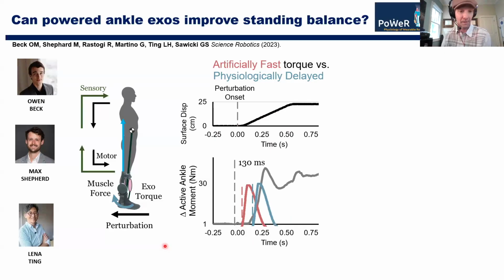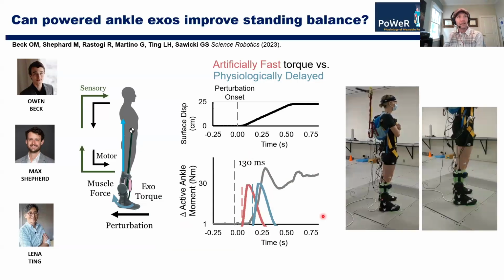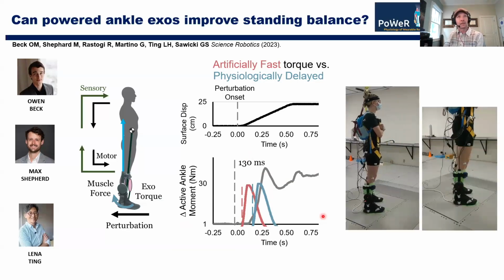Doing that in a real world system would be a little tougher because you would need to detect something, but this was a basic science question. So you can see here we come on artificially fast, or we delayed to be around the latency of the human response. In the gray black background here is what a normal torque response looks like for a human reacting to this. So we just aligned the exo with the human's intent, or we made it go faster. And so here's what it looks like.